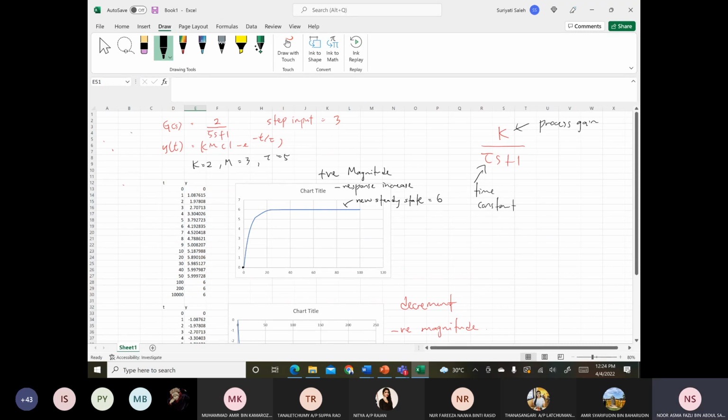So for this part, normally the process gain should be in the positive value. K, if negative, then it will become a problem to your process. So it's preferable to have a positive value. The same goes with the time constant. Time constant cannot be negative because it represents the time.